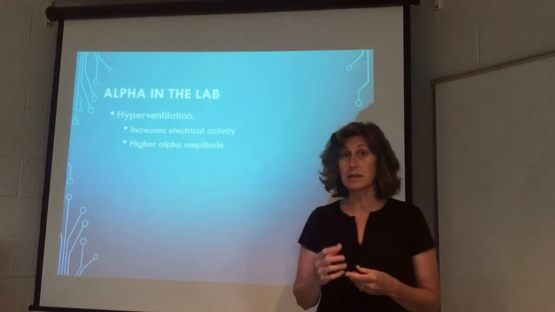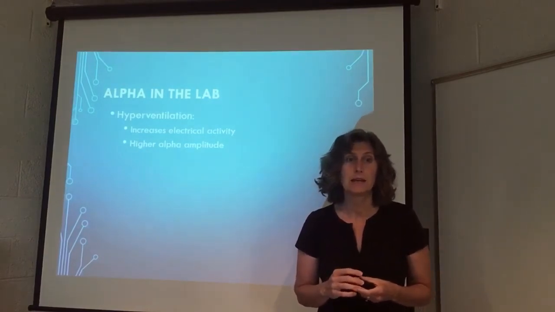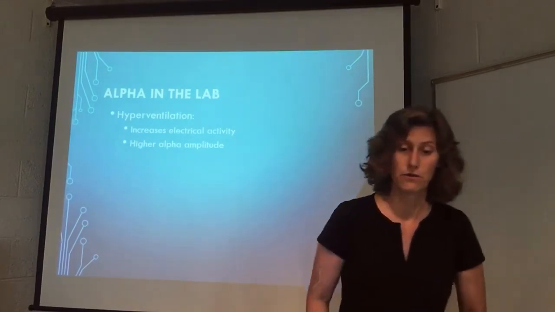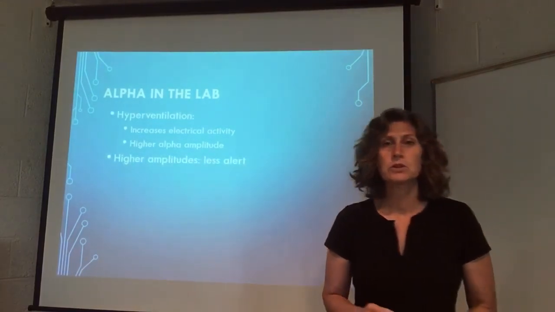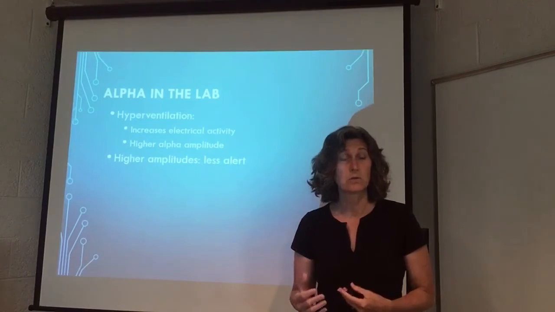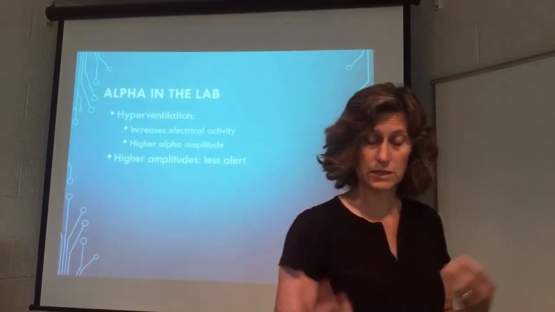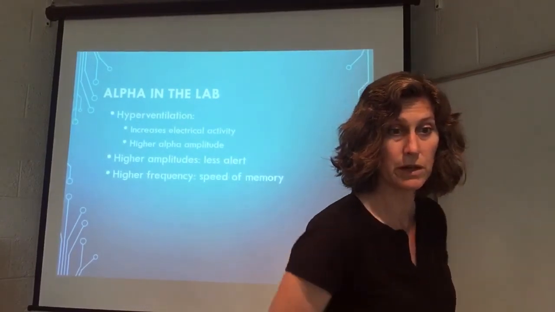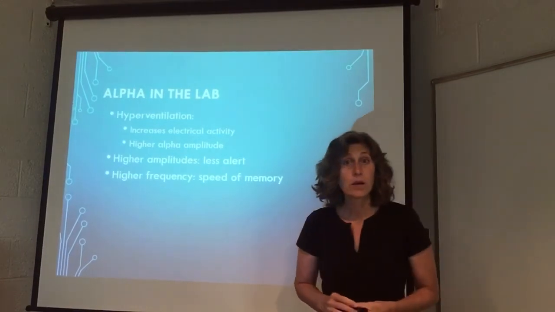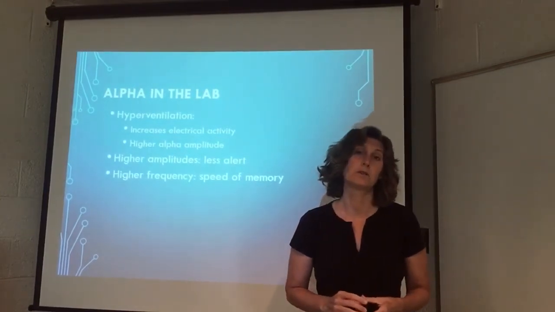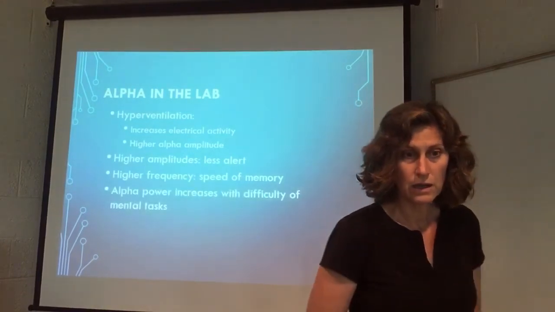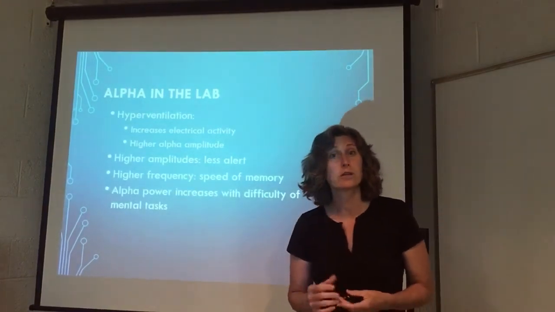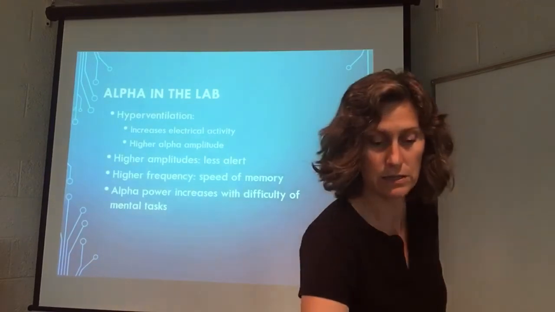It increases the electrical activity and creates a higher alpha amplitude. Higher amplitudes of alpha can also be associated with when somebody is less alert, less oriented to external stimuli. Higher frequency of alpha can be associated with the speed of memory. And alpha power can increase with the difficulty of a mental task.